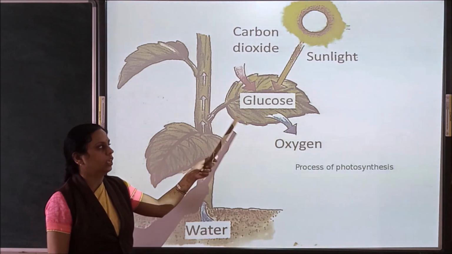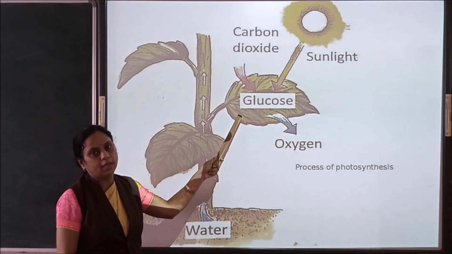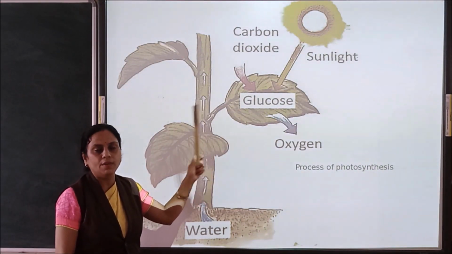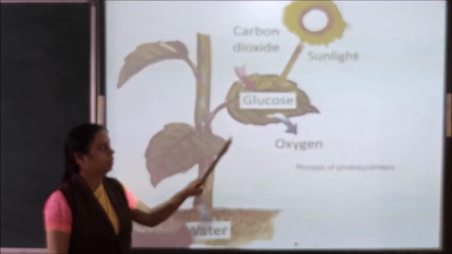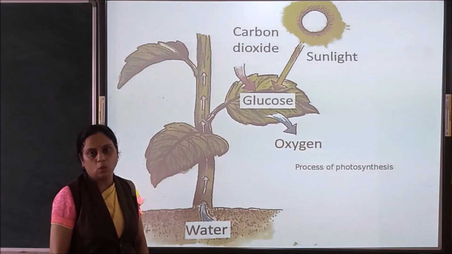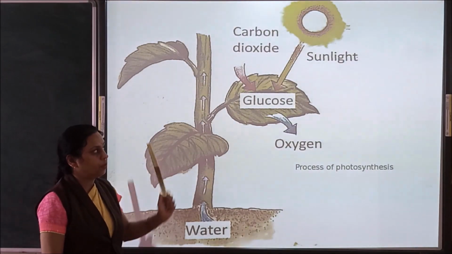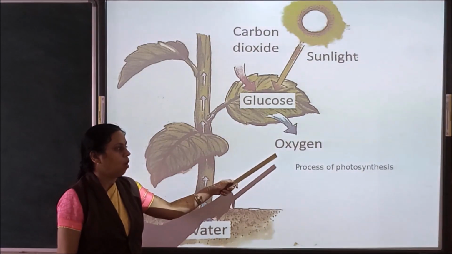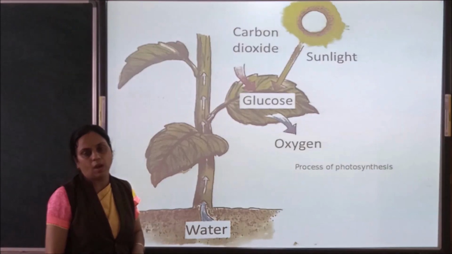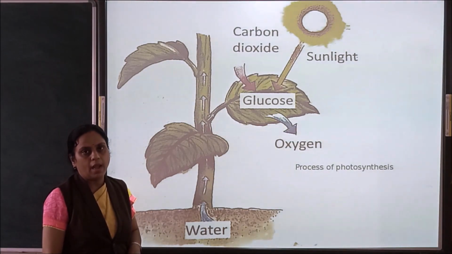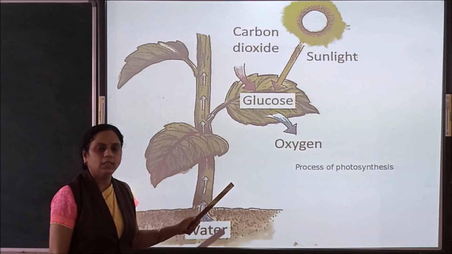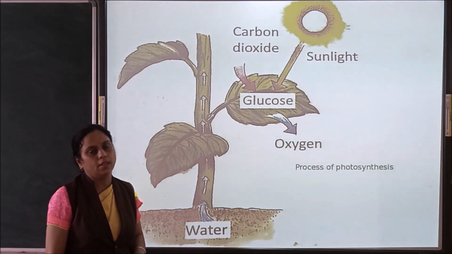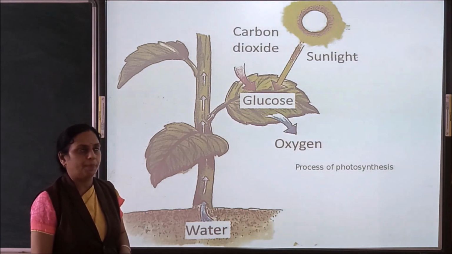Then these change into the food by the green leaves in the presence of sunlight, and that food is called glucose. So this is the process of photosynthesis. In this process oxygen is given out by the plant, and also the extra water is released in the form of water vapor.